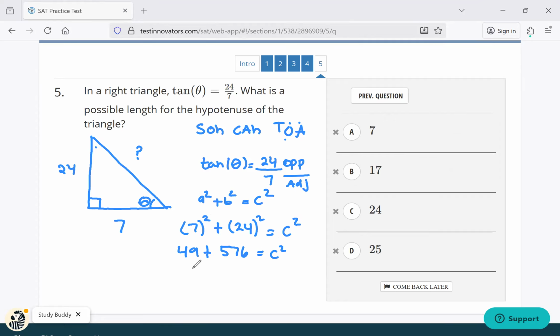And then 49 plus 576 is 625 equals c squared. Then take the square root of both sides. The square root of 625 is 25. So my hypotenuse is 25.